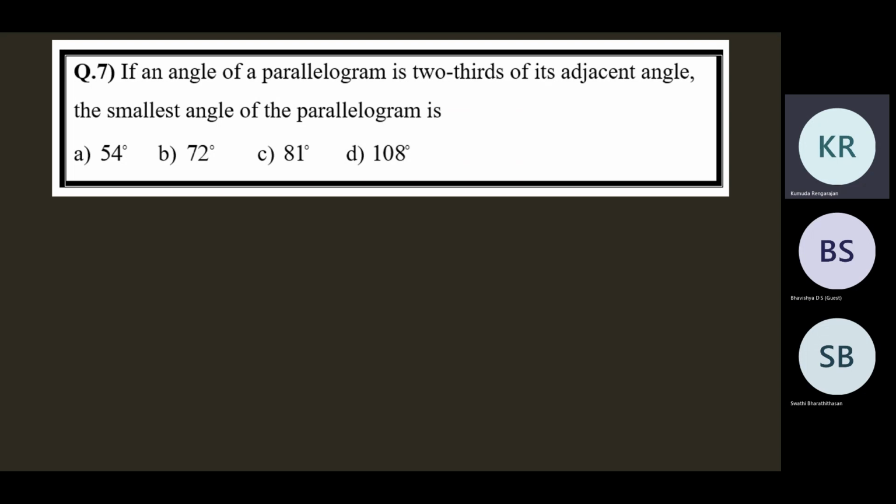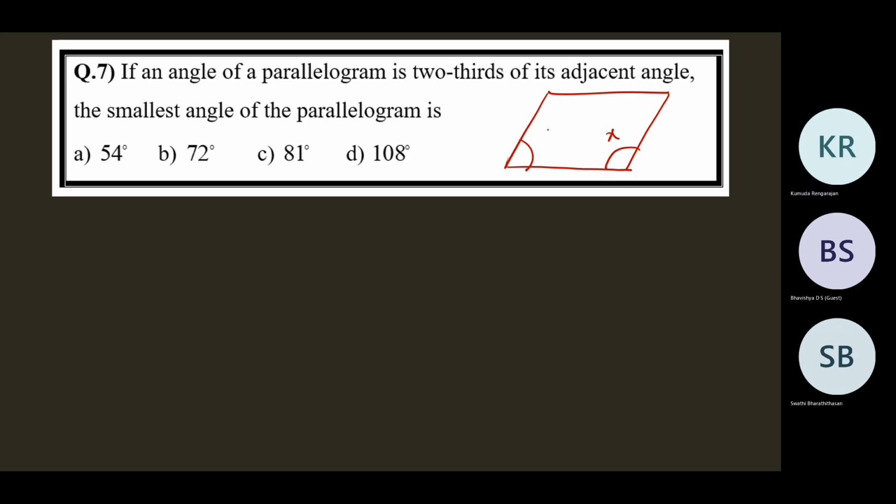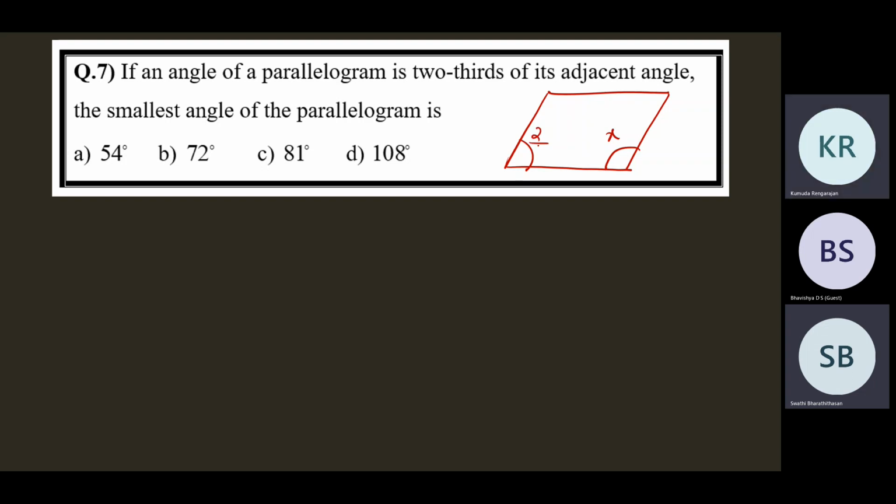So one angle is 2/3 of its adjacent angle. Supposing this angle is x, then this adjacent angle will be 2 by 3x, or 2x by 3.